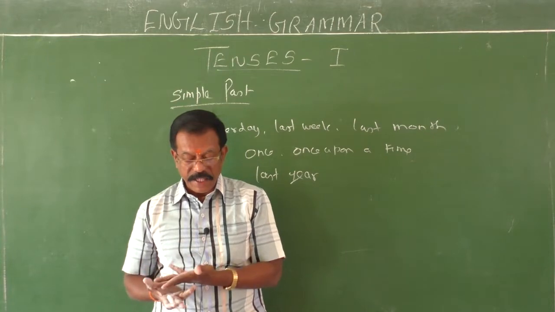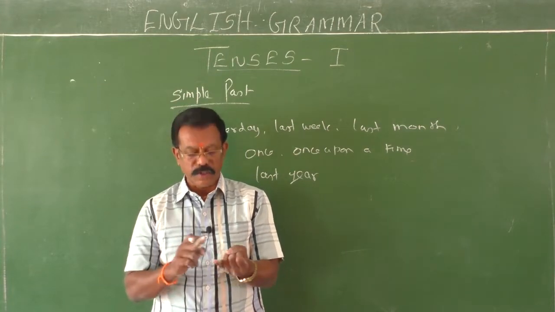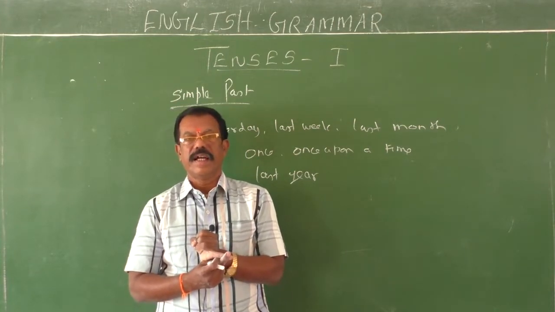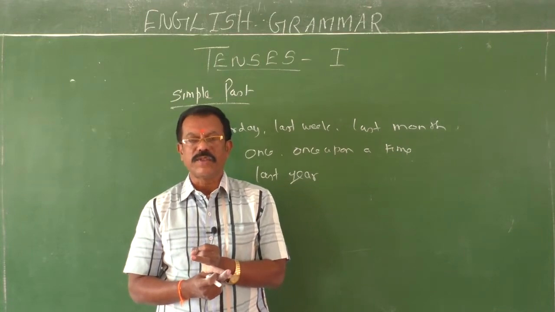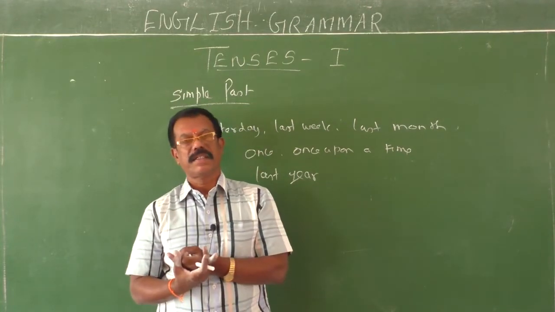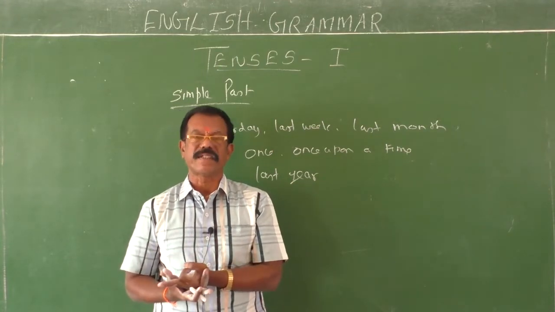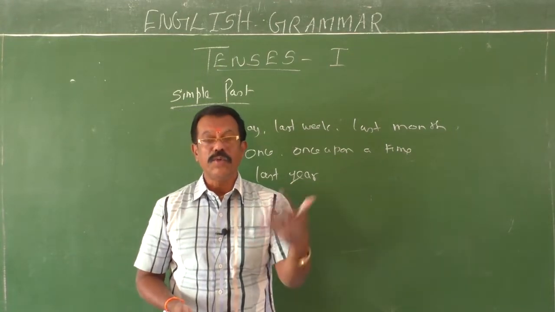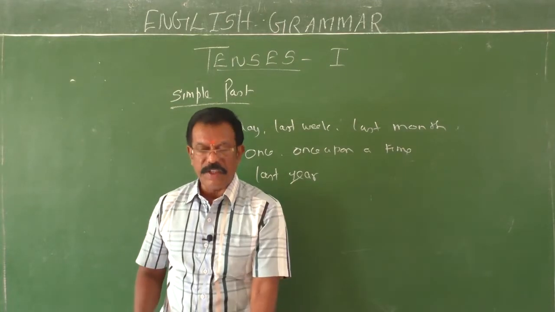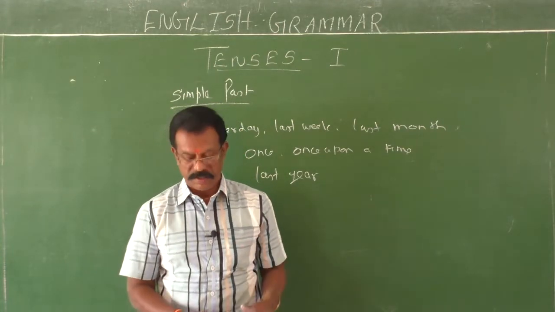Okay, we can use this past tense to refer to past actions, and to refer to the state of being in the past. Then, to refer to historical events, we can use this past tense to narrate stories. Mostly we use past tense to narrate stories.